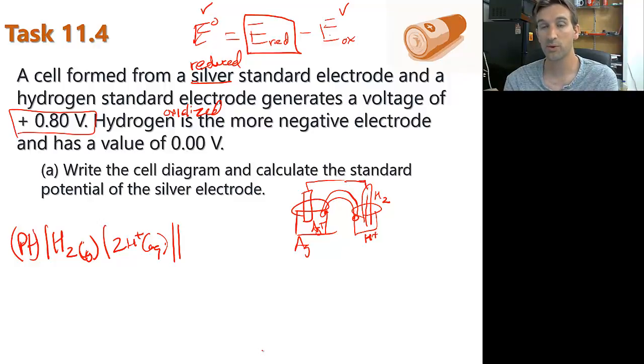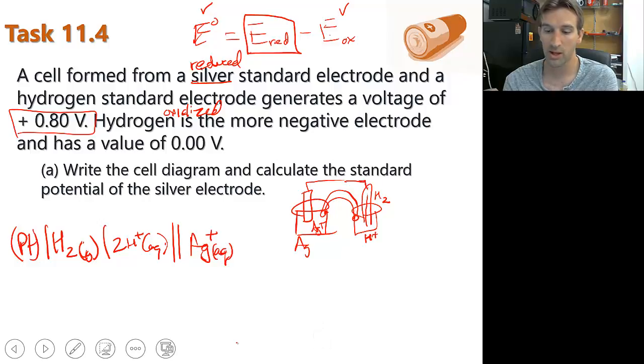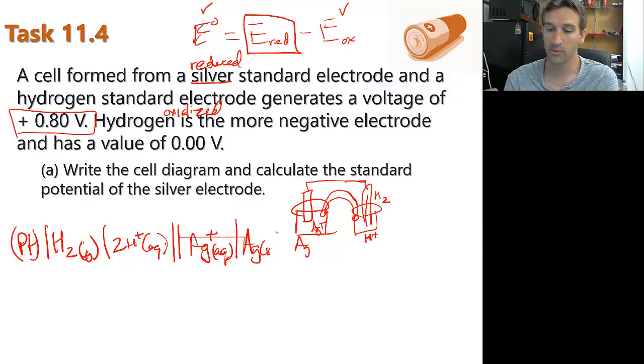The silver is being reduced, so that tells me that it's the silver ion, Ag+, that's in solution. That is the part that we're going to be reducing. So Ag+ aqueous is going to turn into the solid form, and that would be our completed cell diagram.